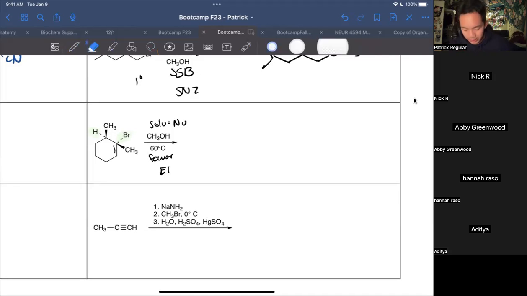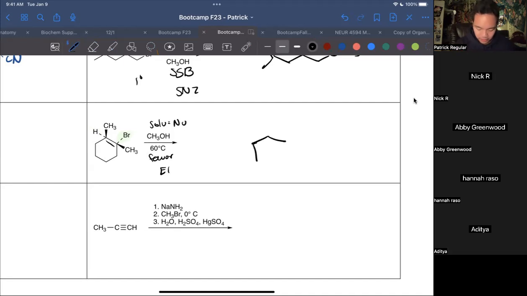But that's not true. E1 has a carbocation intermediate. It doesn't need a hydrogen to be antiperiplanar. It just has to be Zaitsev. So again, E1, no antiperiplanar, just Zaitsev. No matter what, it's going to go this way for E1.